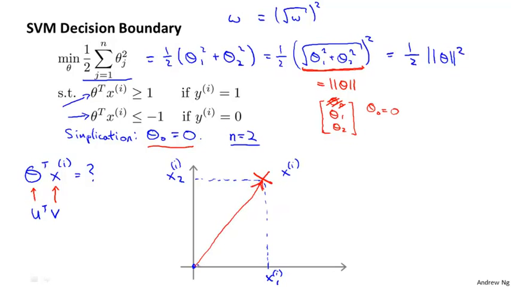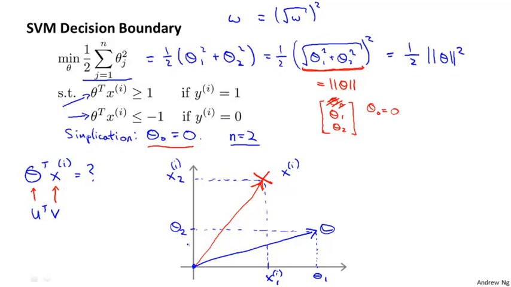And now, let's say we have a parameter vector theta, and I'm going to plot that as a vector as well. I'm going to plot theta 1 here and theta 2 there. So what is the inner product theta transpose xi?